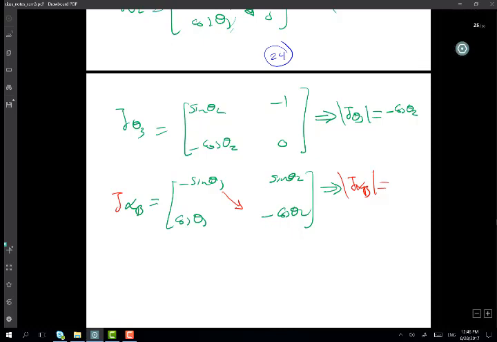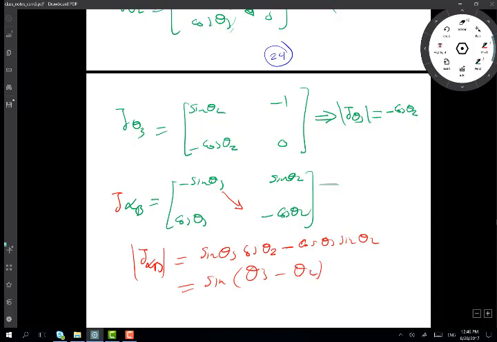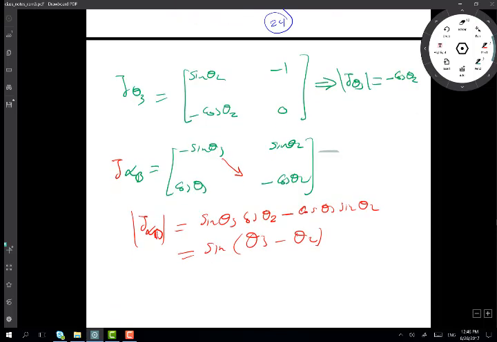So the determinant of J xb is equal to, multiplying those together, sine theta 3 cosine theta 2 minus cosine theta 3 sine theta 2, which is sine of the difference between 3 and 2. So this is this Jacobian.